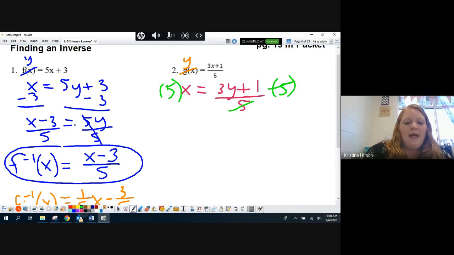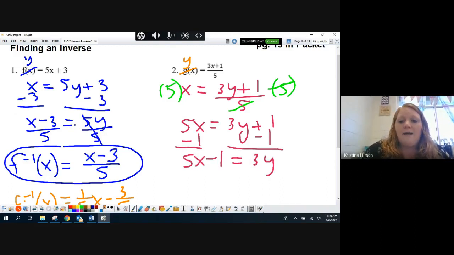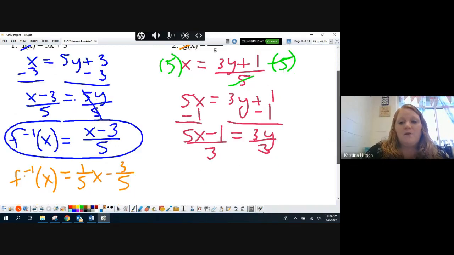All right, so now I would have 5x equals 3y plus 1. Now I'm still needing to solve for y, so I'm going to subtract 1 from both sides. So 5x minus 1 equals 3y. Divide by 3. I'm going to go ahead and write that in inverse notation.